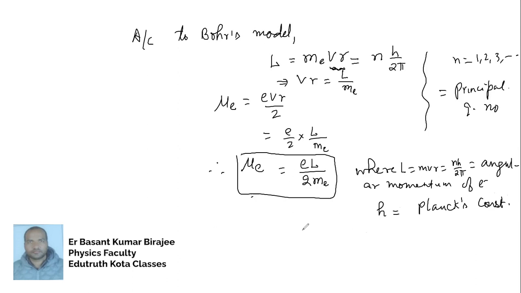And if you write this in vector form, see, this is just the magnitude of the magnetic moment of the electron in a particular orbit. Now, if we write this in vector form, then we put the charge as minus e, because the charge of the electron is minus e.